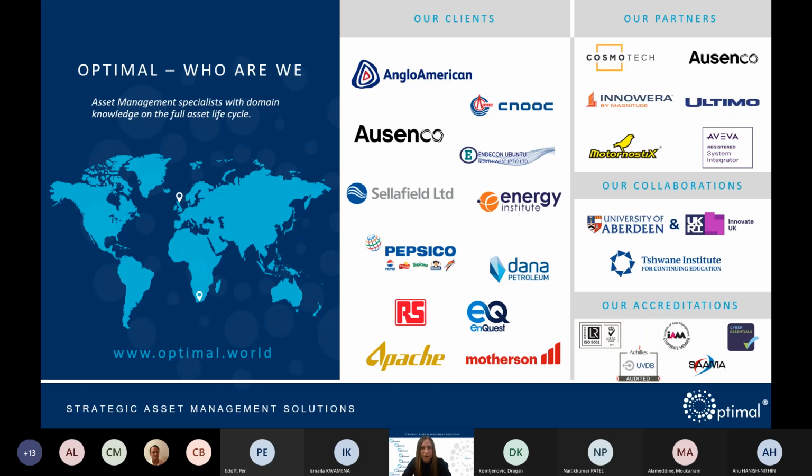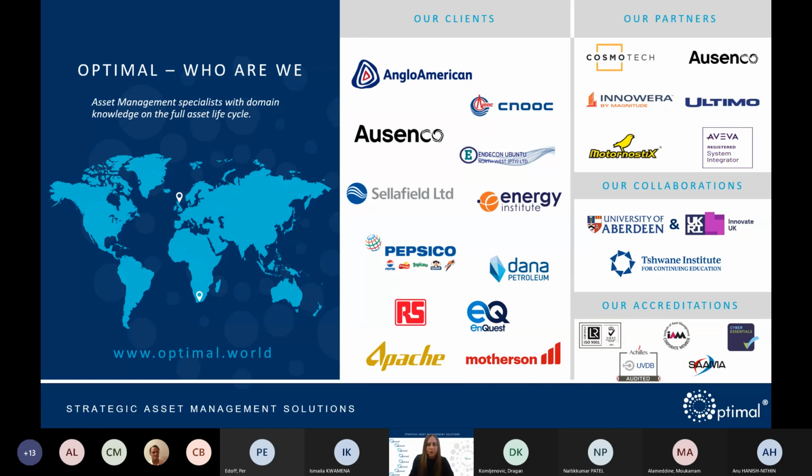At Optimal, we are passionate about providing bespoke and innovative solutions in physical asset management field to enable asset owners to maximize value from their assets based on their specific requirements and operating context. On the slide here, you see the breadth of clients that we have worked with over the years. Key projects looking at maintenance strategy optimization and development, materials management, spares inventory projects, as well as technical writing and training.